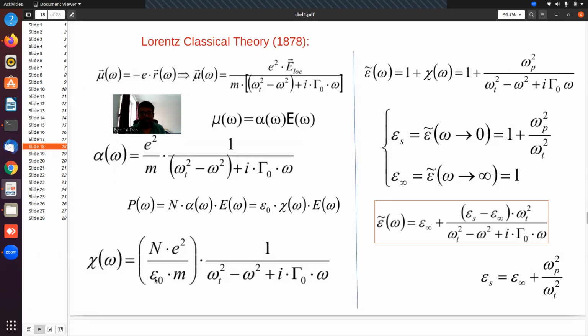This is the case if there are no surroundings, only the charge is separated. What is the response we get? N e squared by epsilon naught m.